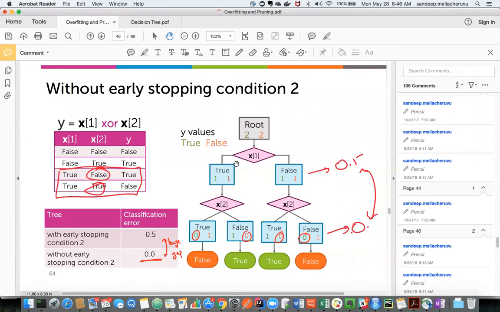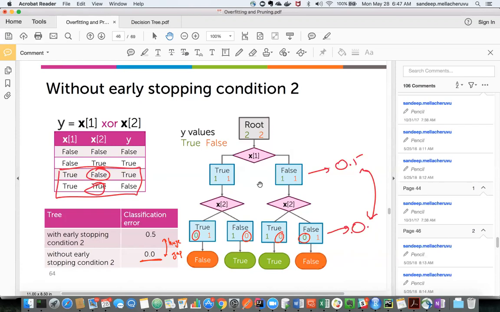If we stop at depth equal to 1 itself, we will not be able to know that if we grow the tree to the next level, we will be able to classify very perfectly. We will just be blind, because at depth equal to 1 we only know that the classification error is 0.5, or 50% error. We do not know what happens next. Only if we grow the tree to the next level will we understand that at depth equal to 2, it is doing well.